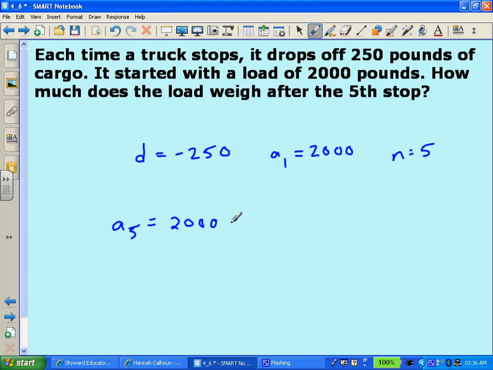So then we have a sub 5 equals a sub 1 plus n minus 1 times d.